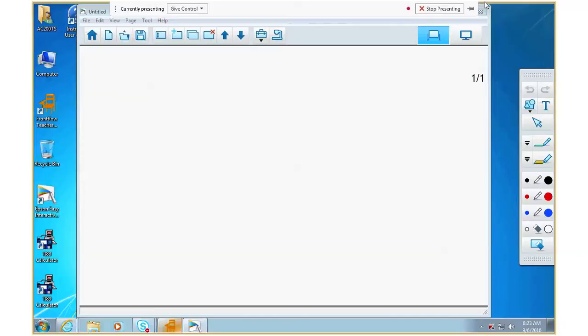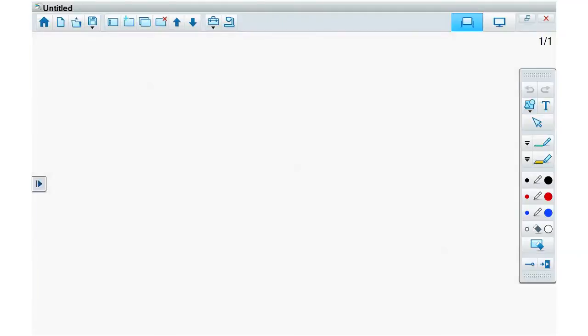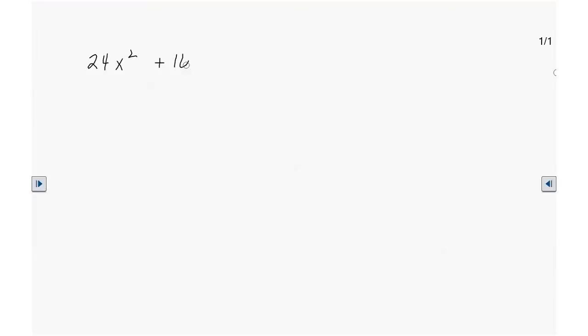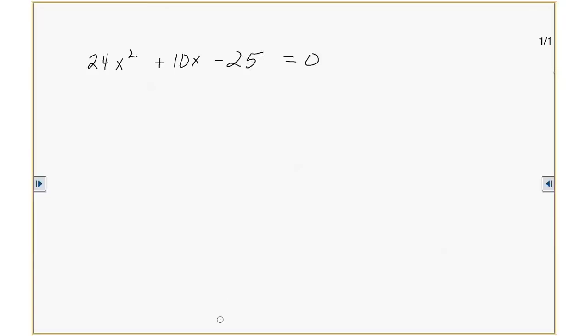What's the question? 24x squared plus 10x minus 25. 24x squared plus 10x minus 25. All right, so those of you that remember how to complete the square, go ahead and start.